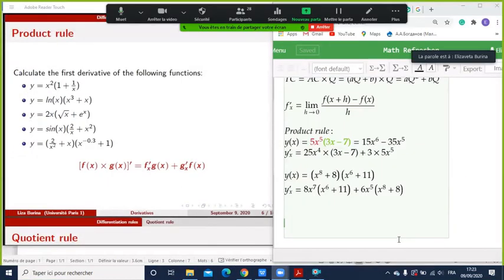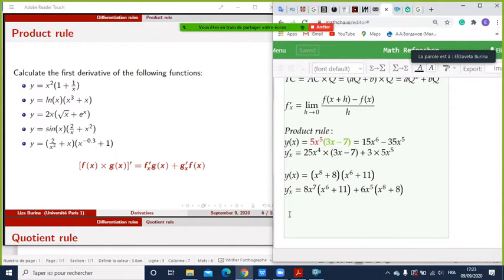Okay, cool. So for the first one, what I got without any simplification, okay?